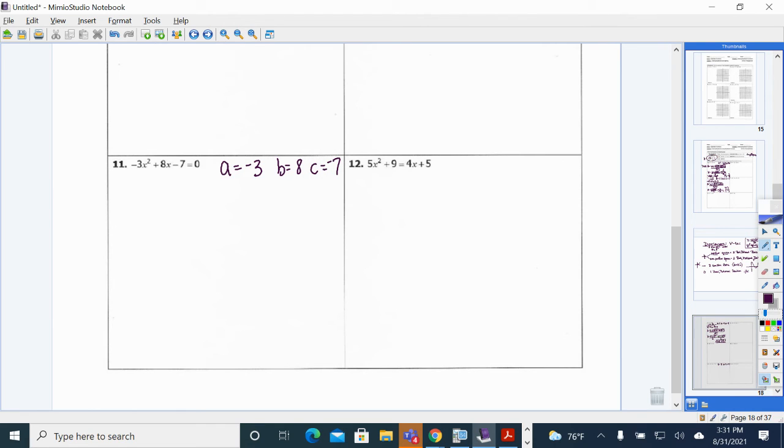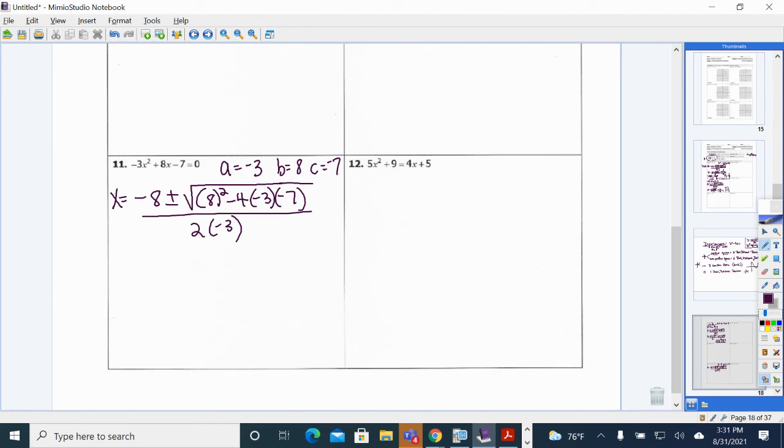So plugging this into our quadratic formula, x equals opposite b. B is 8, so that's going to make that a negative 8 plus or minus the square root of b, 8 squared, minus 4 times a times c, divided by 2 times a.